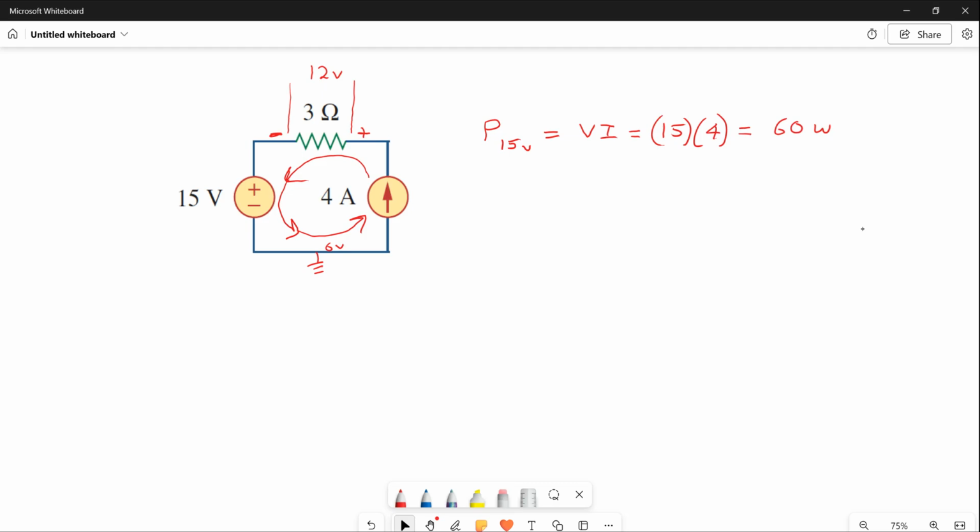So is the power in that 15 volt source being supplied to that circuit, or is it absorbing? Look at the current. The current is entering the positive terminal, just like it does a resistor. That has to be absorbing power.